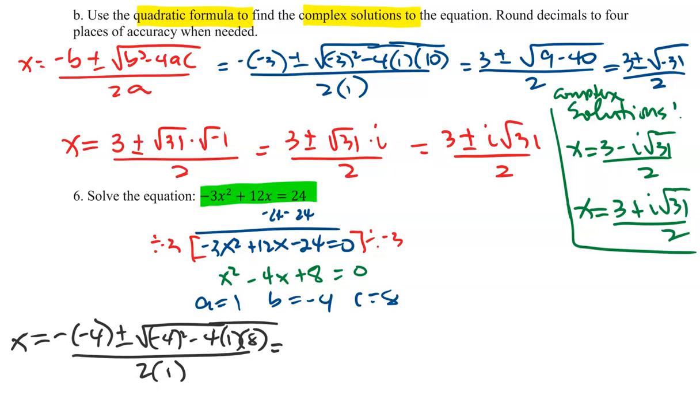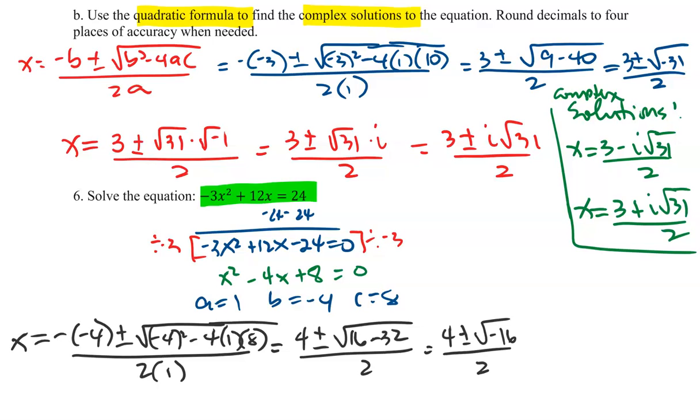Negative times -4 is +4. -4 squared is 16. 4 times 8 is 32, over 2 times 1 is 2. 4 plus or minus the square root of 16 minus 32, which is -16, over 2. 4 plus or minus the square root of 16 times the square root of -1, over 2.